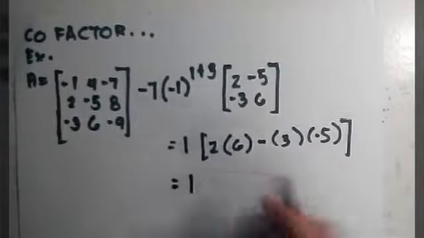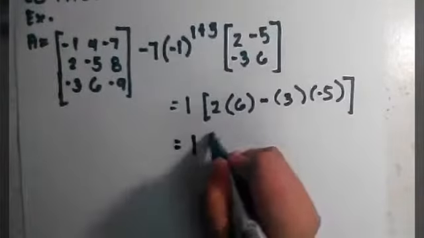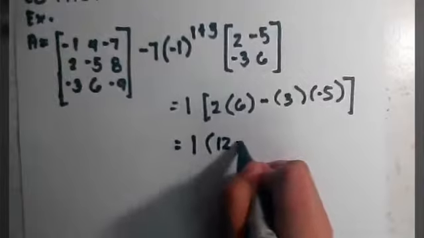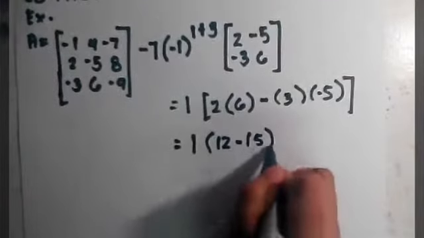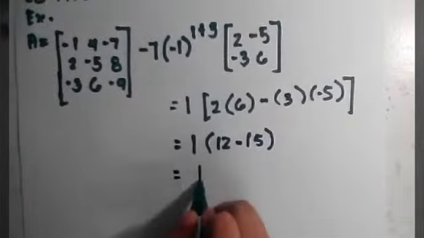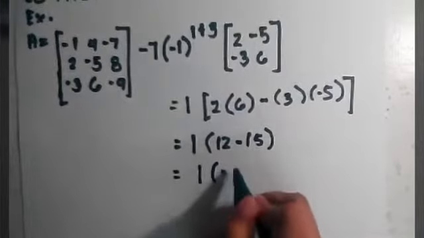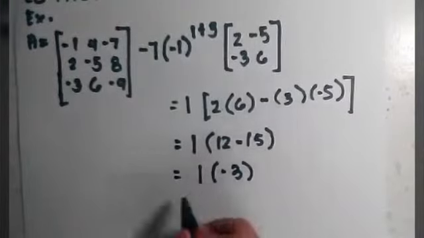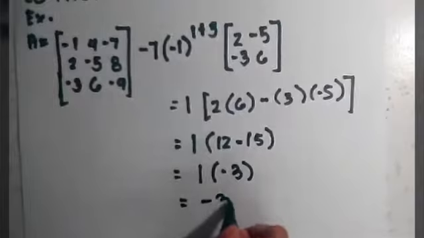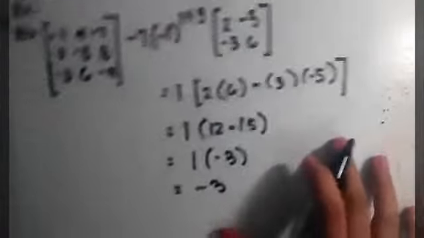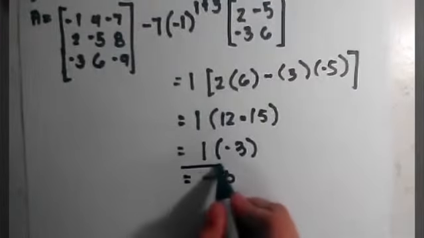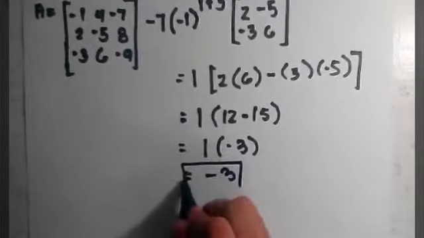That is 1 times 12 minus 15, equal to 1 times negative 3, which is equal to negative 3. So, the cofactor of negative 7 is equal to negative 3.